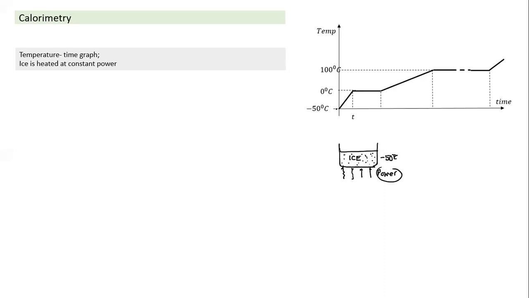If we supply heat and plot time against temperature, this is the graph we get, and this graph is critical to understanding calorimetry. When you supply heat, it takes some time t for the temperature to rise from here. We continuously find the temperature increasing in a linear fashion. It has taken a certain time t for the temperature to rise from minus 50 to 0.